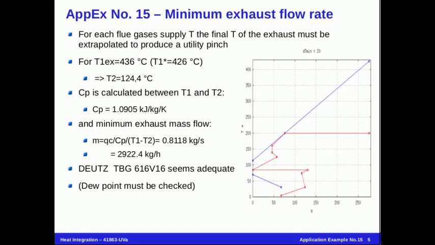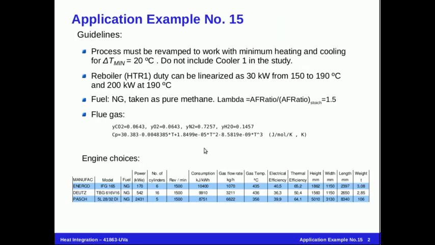Once we know the starting and finishing temperature, we can integrate the heat capacity and calculate the mass flow rate for the flue gases. That is around 2,922 kilograms per hour. This is a value under the nominal capacity of the engine, but not so far.